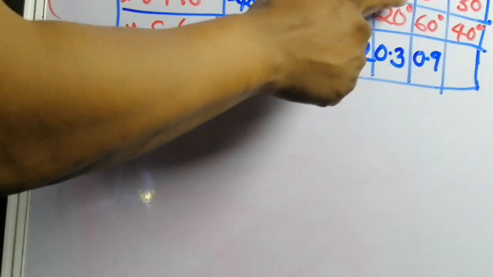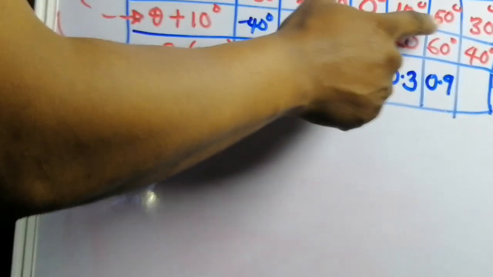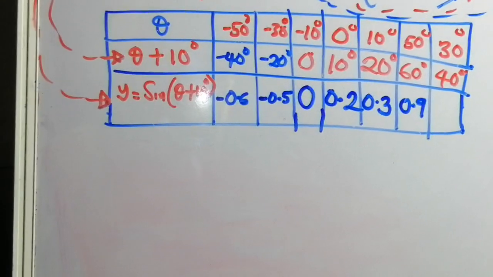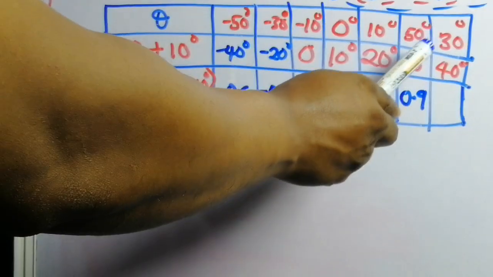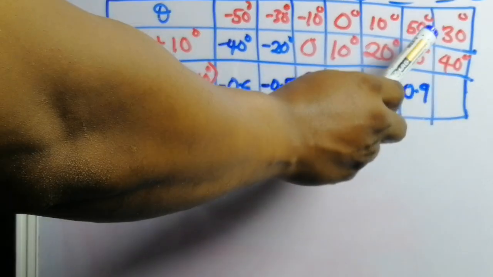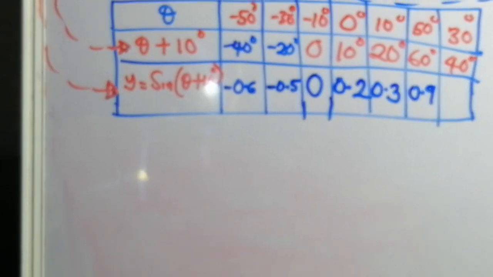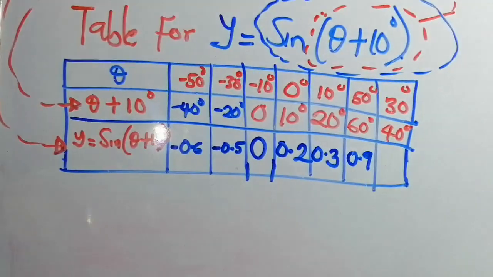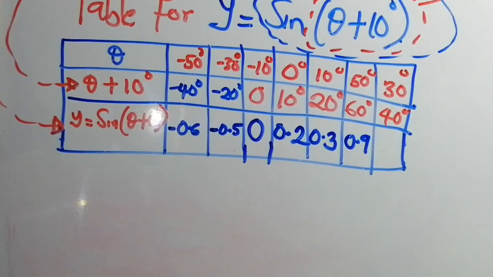It should be 10, it should be 30 and 50 degrees. That is exactly what I'm saying, so you need to be very careful. It's the same thing. We'll pick 30 before we pick 50, because 30 was supposed to be here first, then 50 will follow, like the way we did it here. So we'll already note that.